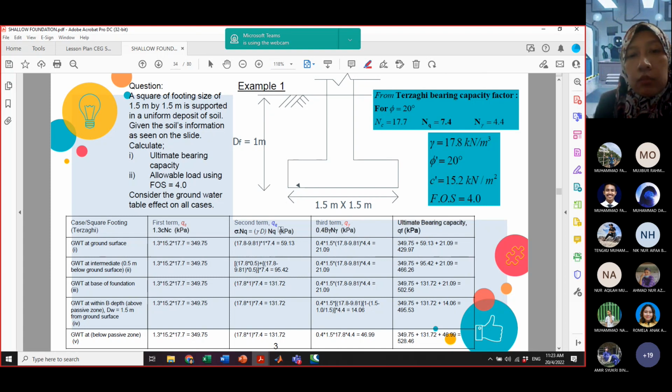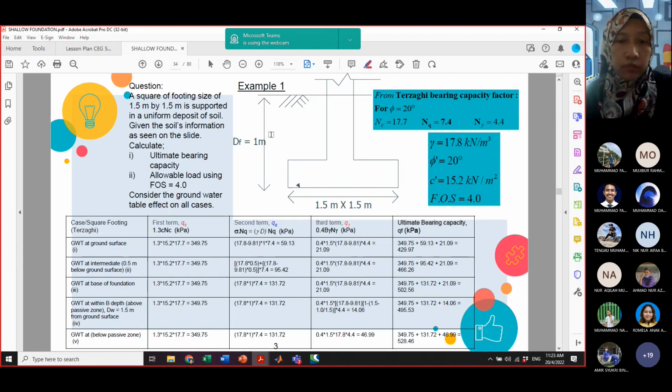Sebab air sekarang ni dia bukan berada pada permukaan tanah. Dia bermula pada 0.5 daripada permukaan tanah. Yang mana you akan ada satu condition dry, separuh lagi condition dalam keadaan wet. So in order to calculate the effective overburden pressure, dia kena ambil daripada combination dry dan juga wet punya overburden pressure.